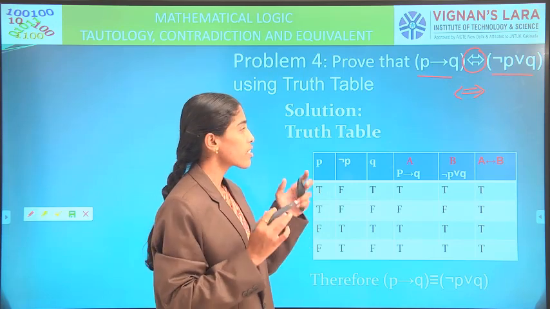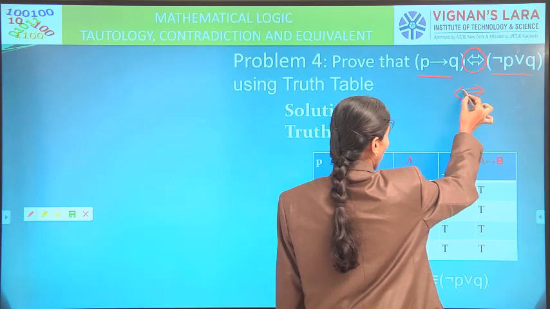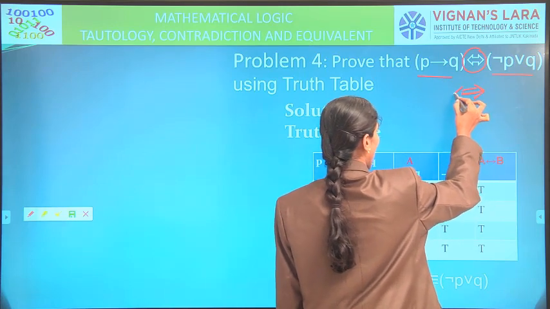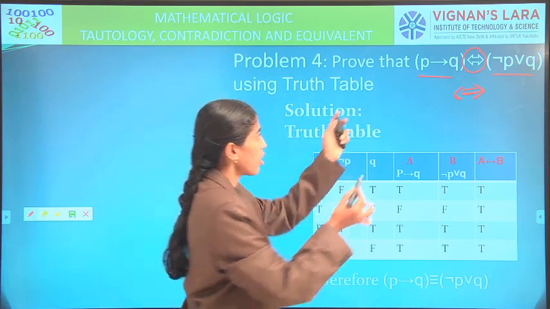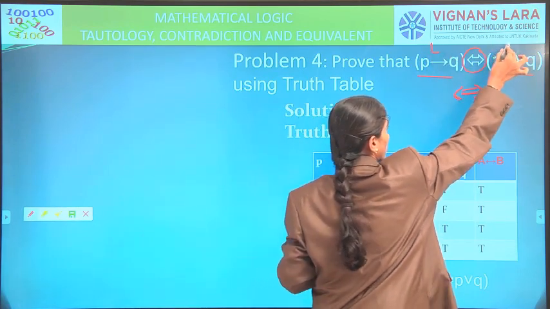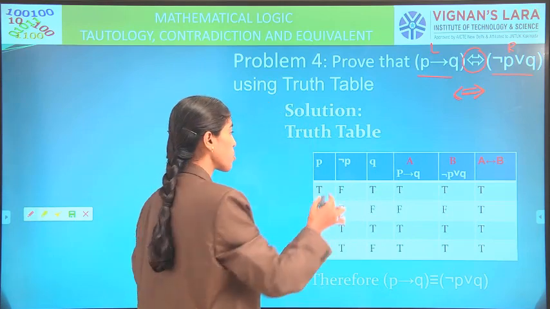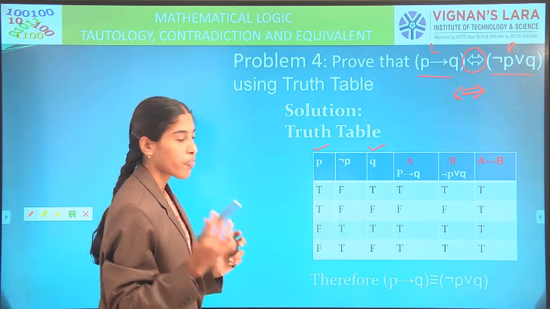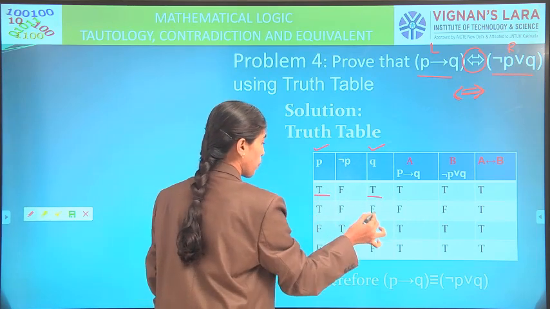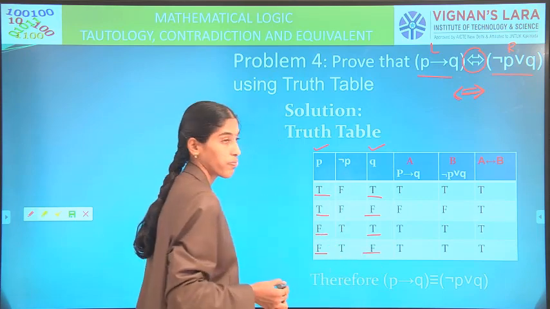So here instead of asking logically equivalent, they wrote the logically equivalent symbol. In a similar way we solve the problem, because the left hand expression and right hand expression consist of two different variables P, Q. So for those two we write 4 different combinations, TT, TF, FT, then FF.